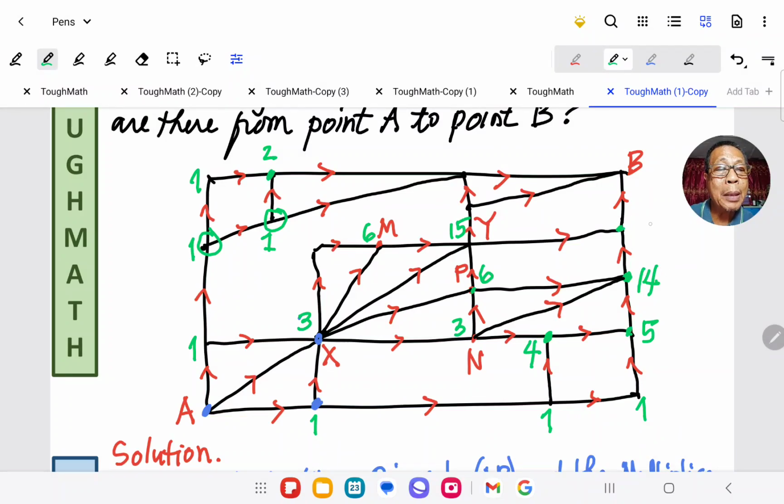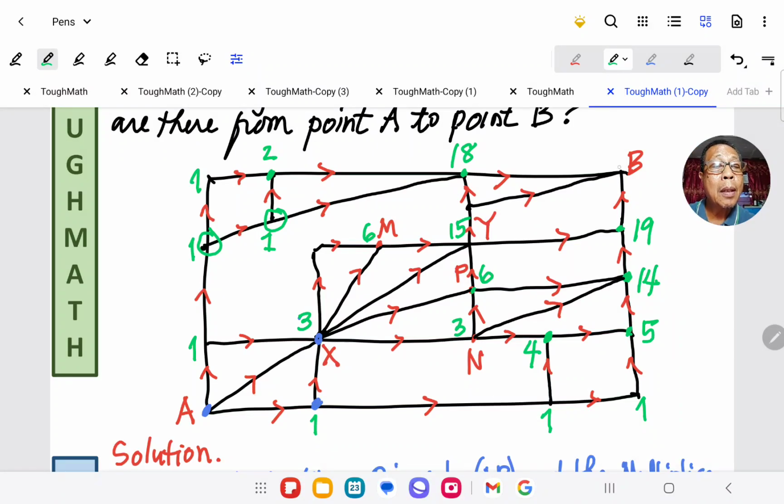And this point here must be labeled 19 because you have 15 plus 14. And now we can put the label to this point, the label must be 2 plus 1 plus 15. This must be 18.